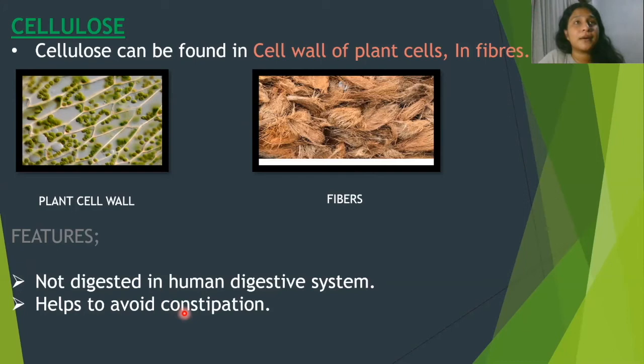That's why your moms ask you to eat kohila and drink belly, because that fiber is really good for you and always helps avoid constipation. It's really good for passing stools. So it is not digested in your digestive system, and it avoids constipation, right? It's a really good component for our body.